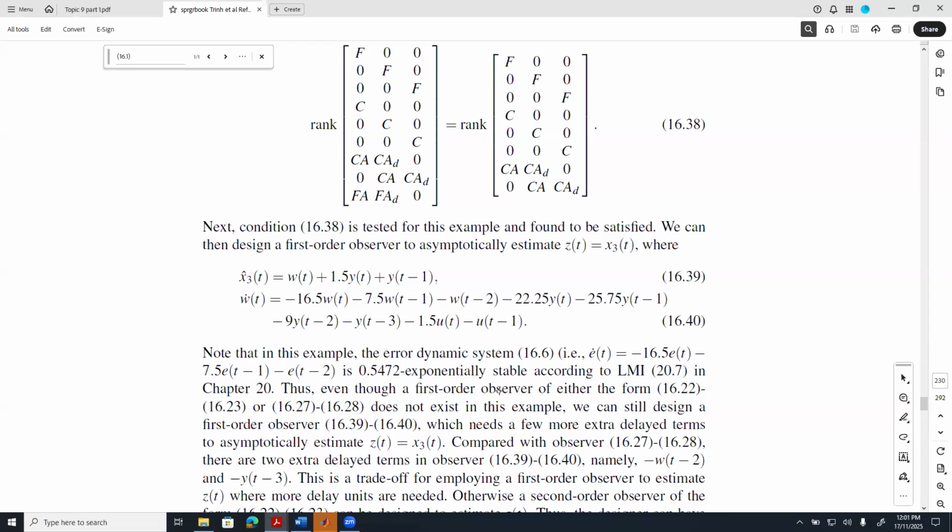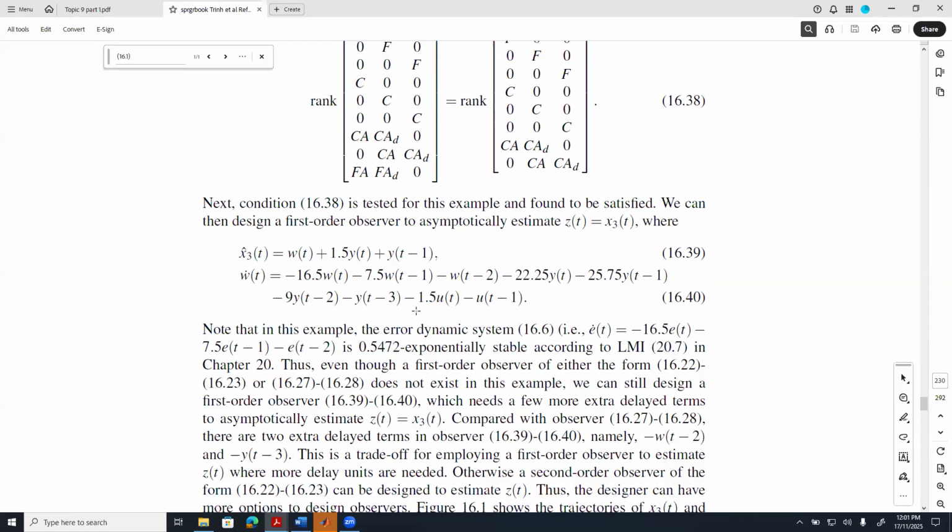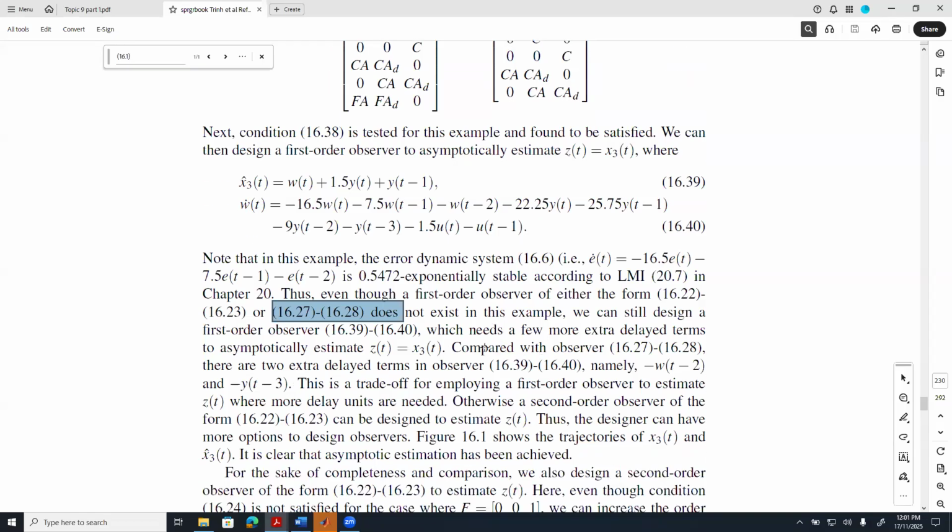So what we said here, even though the first order observer of similar form, which is in reference to, even though that observer structure is similar, it does not exist. The observer in here is even similar to our observer. It also does not exist. We can still design a first order observer, which is the one given in here.